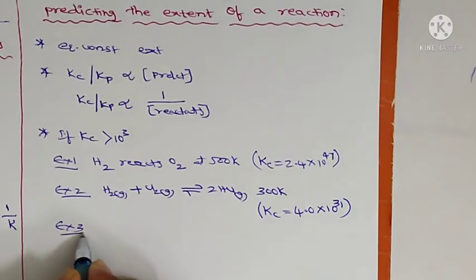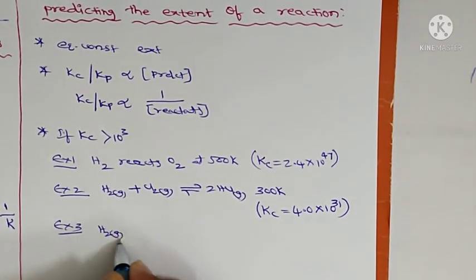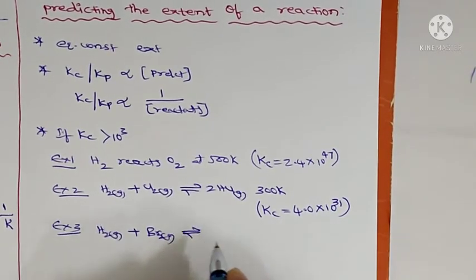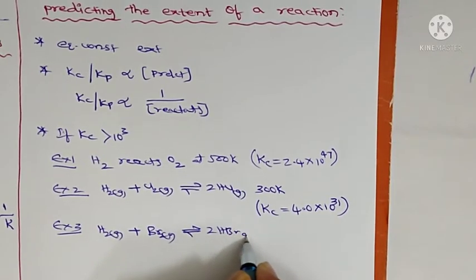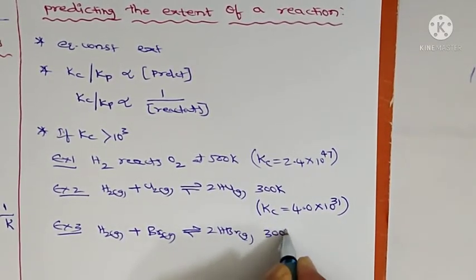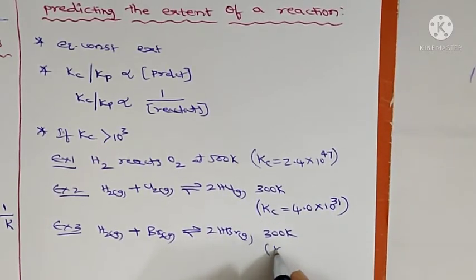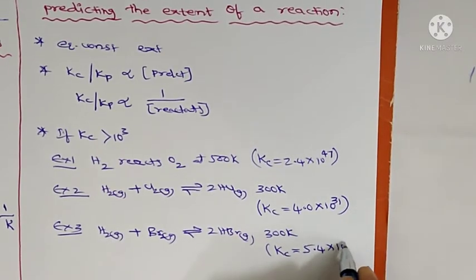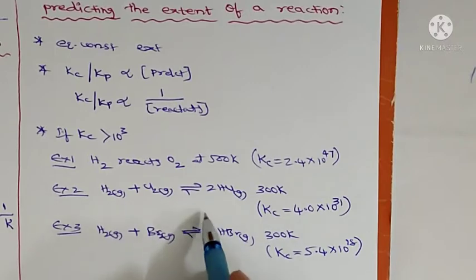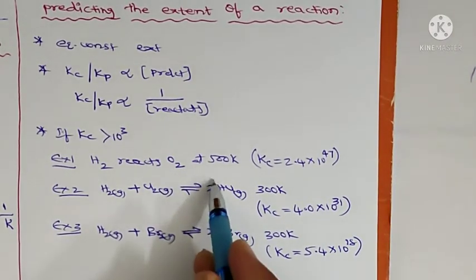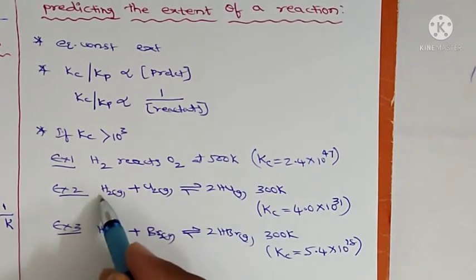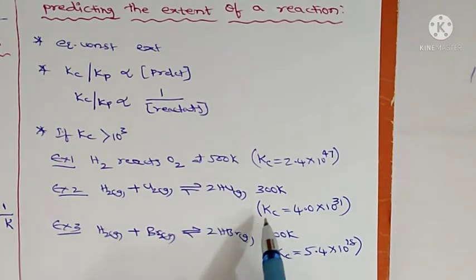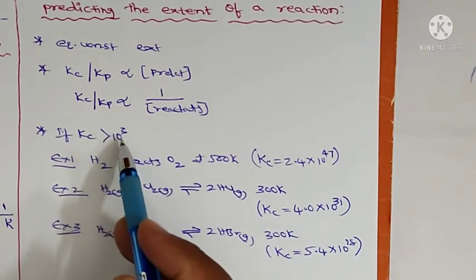Next, example number 3, H2 gas plus Br2 gas in equilibrium with 2HBr gas at 300 Kelvin, and here the equilibrium constant Kc is equal to 5.4 into 10 to the power of 18. So in all these reactions, the products predominate over the reactants, and the reactions are almost complete. Here the Kc values are more than 10 to the power of 3.